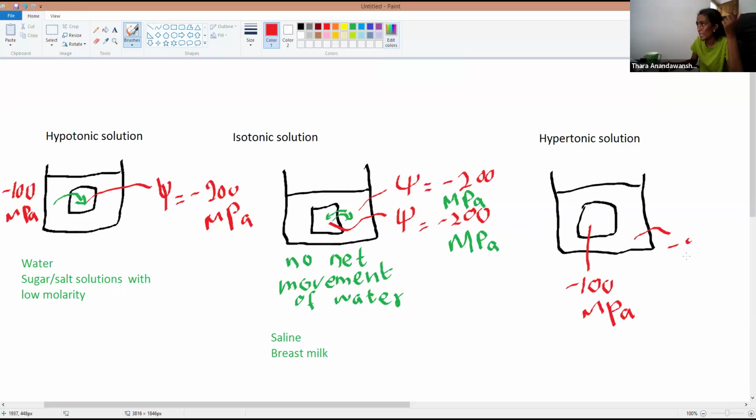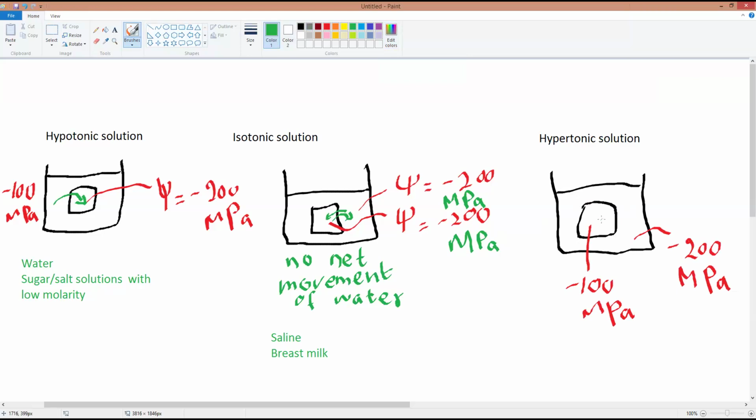Outside it is having minus 200 megapascals. So from where to where will the water move now? Where to where? From the cell to the solution. Yeah, cell to the solution. Okay? Got it?